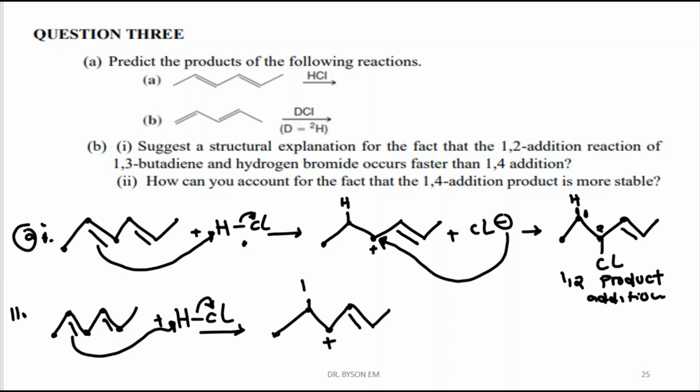The hydrogen will be added there. The positive charge will be here. And then this double bond is going to follow the positive charge, so it will move to here. So what you have is this.